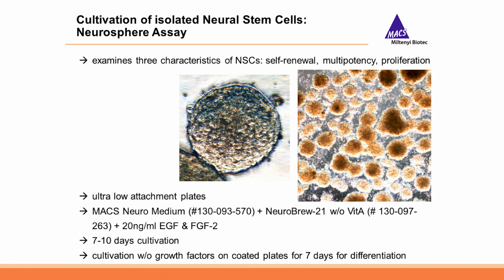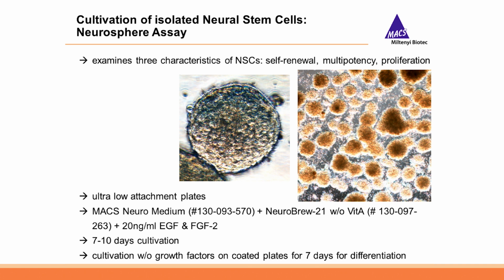The isolated cells were cultivated on ultra-low attachment plates in MACS Neuro Medium, supplemented with MACS NeuroBrew-21, EGF, and FGF2. We see in these pictures that the cultivated neural stem cells form a large number of neurospheres under these conditions.